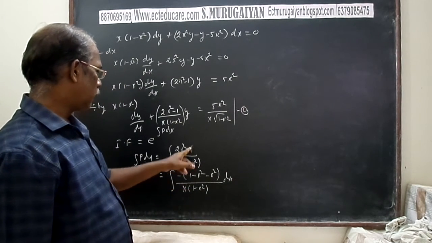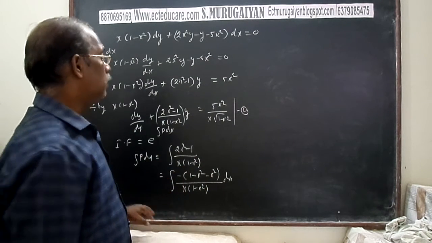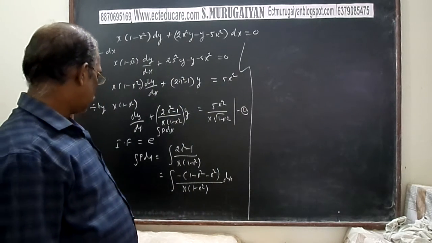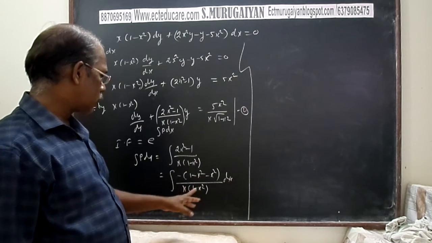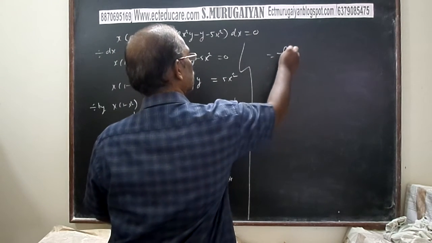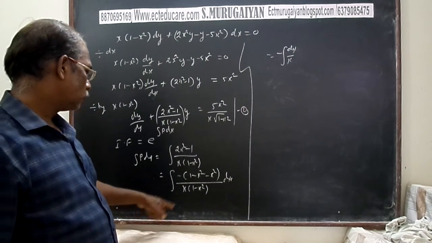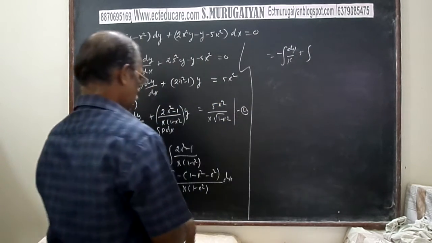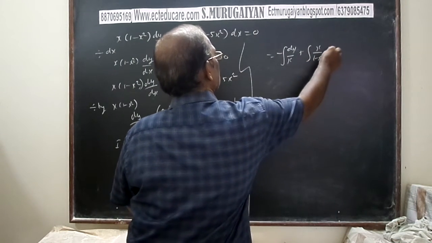So minus into (1 − x²), and minus x² minus 2x² gives minus 2x². We need this kind of adjustment to integrate. Now we can separate: (1 − x²)/(1 − x²) gives −dx/x, then plus x²/x, that is x/(1 − x²) dx.